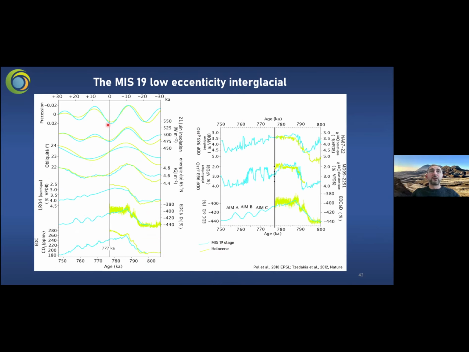So we have different records that have been synchronized here, but only from the climatostratigraphic point of view. We don't know if it's true, if they are aligned the same way and they react the same way to the climate forcing, because all of these records have been dated using astrochronology, so by assuming a constant phase or lags between climatic proxies and orbital forcing.